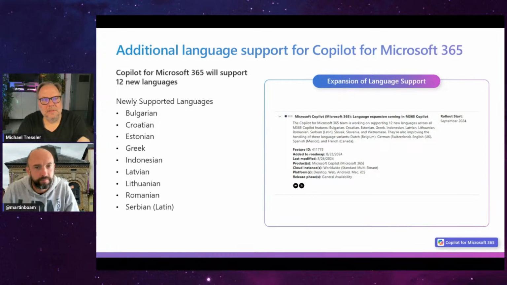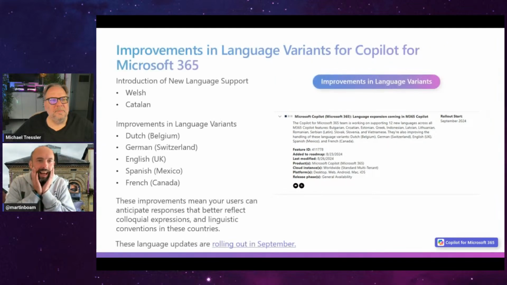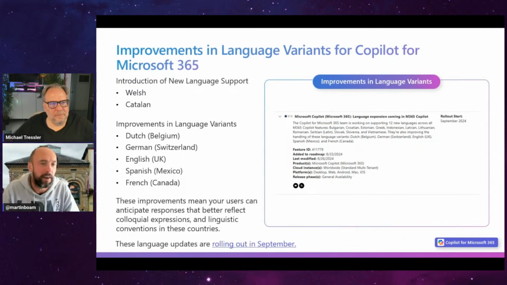More languages. That's good. Do you have a favorite language? I like to see that Latvia, Lithuania, and Estonia were all added. So yeah, another big Baltic nations one. Another one, I think it's the next slide, actually: Welsh and Catalan. Yes. I think I've been asked a number of times for Welsh.